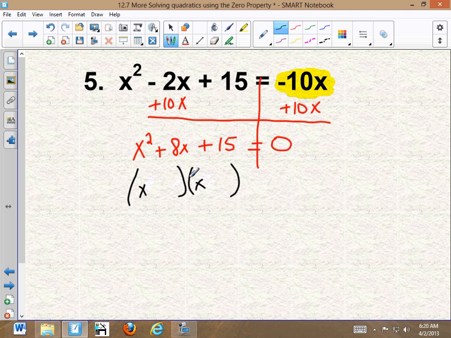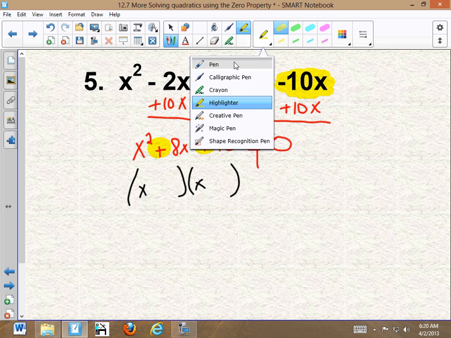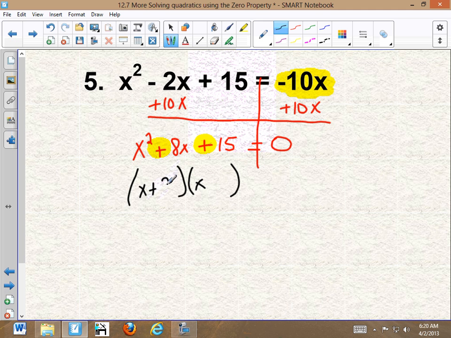X and x. The 8 is positive and the 15 is positive, so I know that both of my numbers are going to be positive. 3 times 5 is 15, 3 plus 5 is 8, and this equals 0. So x equals 3, x equals negative 5. I'm sorry.